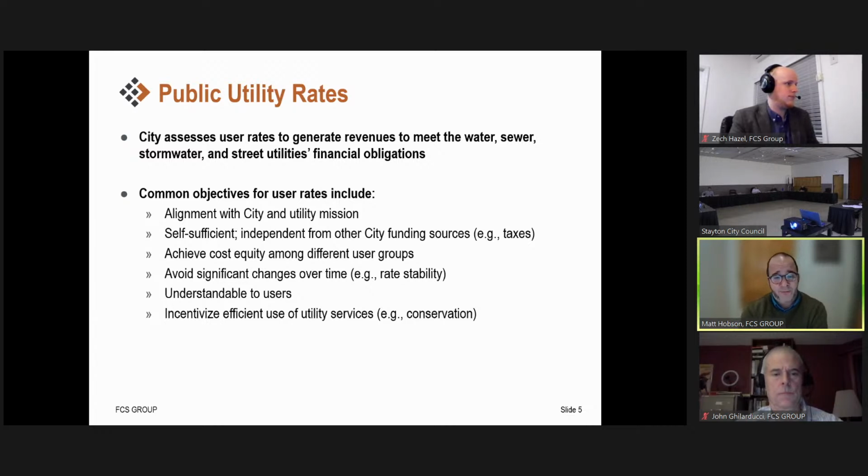Rate studies also help inform decisions on the timing and level of rate increases, and when it comes down to the actual rates, making sure they're understandable to our customers, so that our customers can respond in a way that we hope they do as relates to the usage of those utility services.